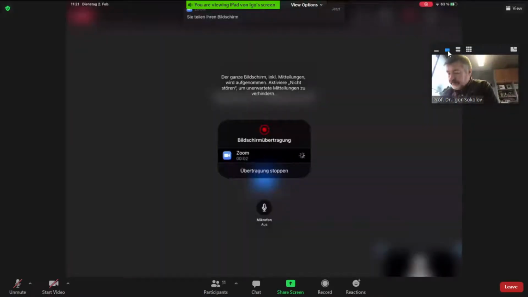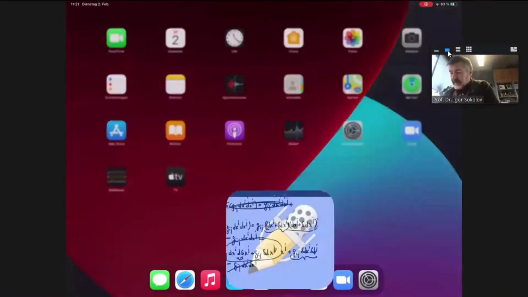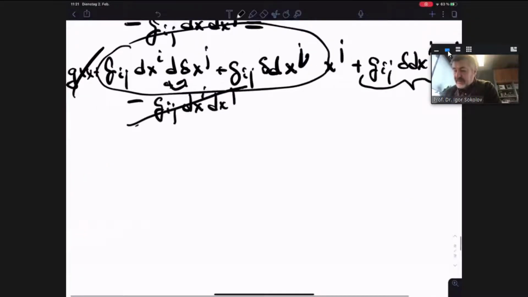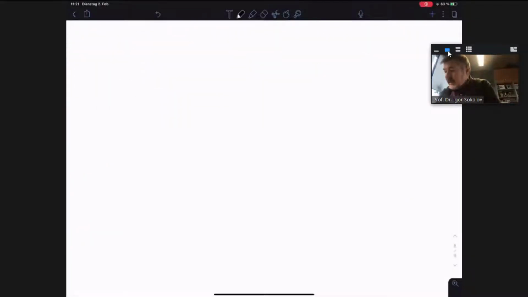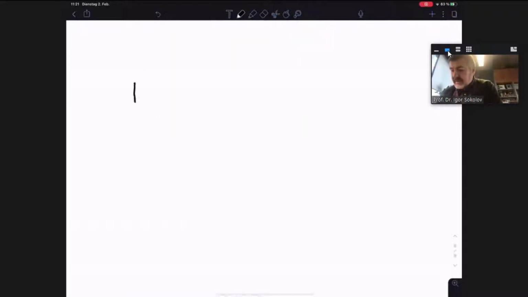And now, you know, I try to use my iPad to draw a simple picture. So I have, okay, this was relativity theory. Let's leave the relativity theory aside. Let us assume we have a vessel.